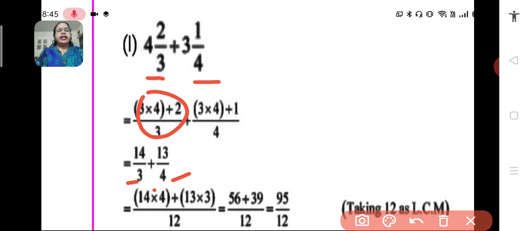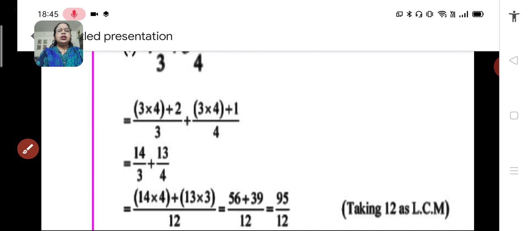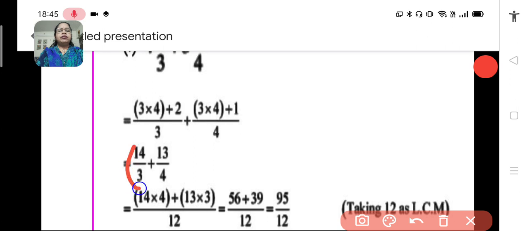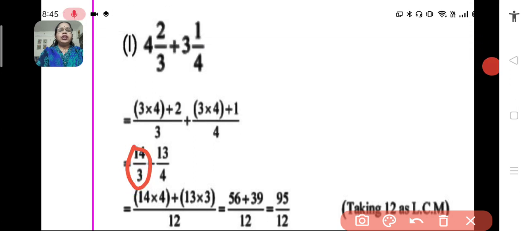Now we find the LCM of 3 and 4, and that will be the denominator of both the fractions, and then change the fractions into equivalent fractions with the denominator 12. So 14 upon 3 will be multiplied by 4 and 13 upon 4 will be multiplied by 3. So we have done this here, and what do we get?